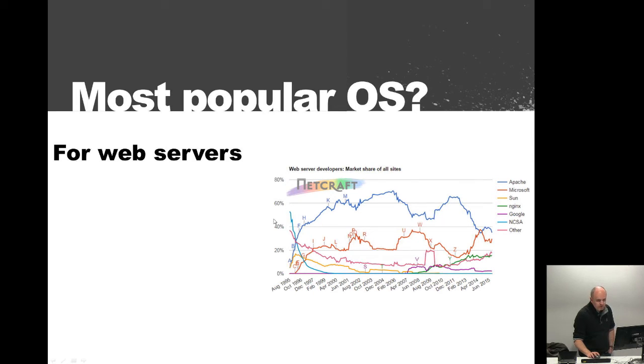The number two is Microsoft. Okay, so we can see that a couple of years ago, even Microsoft was above Apache for a few weeks and went down again.